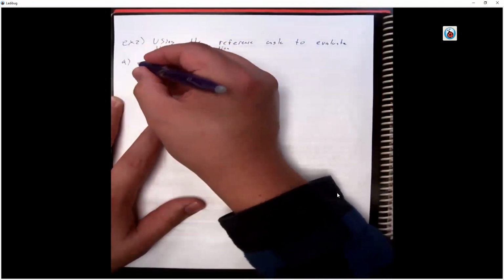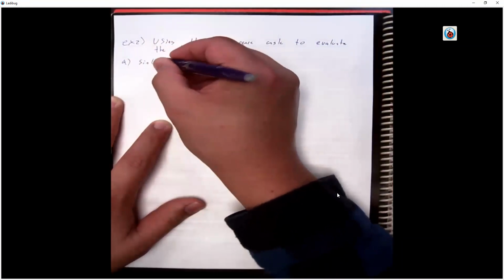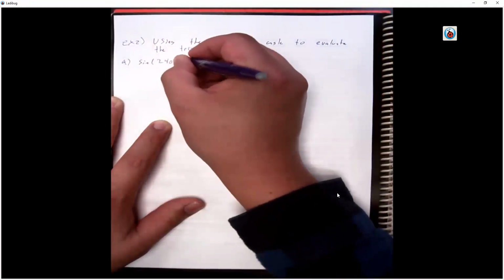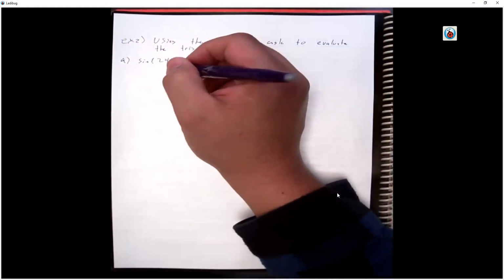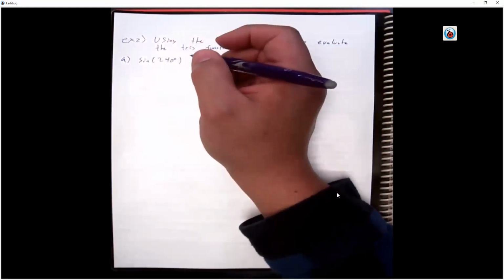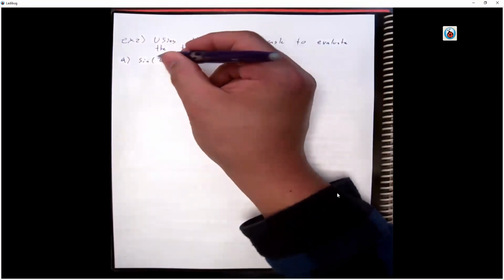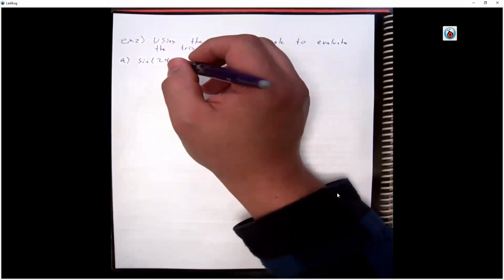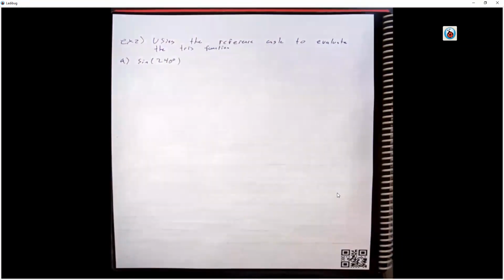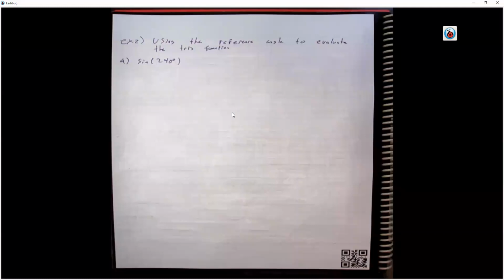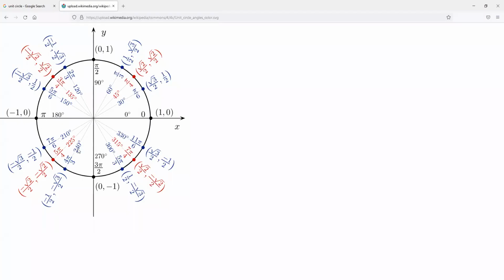So if you have an angle that's a little large and you figure, you know what, I'd rather just deal with the first quadrant, I don't want to think about anything else, you can always adjust and use the reference angle. But 240, the y is negative there, right? 240 is here.